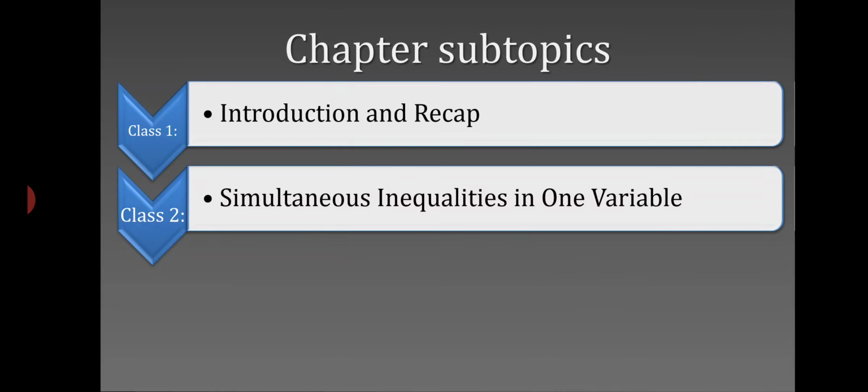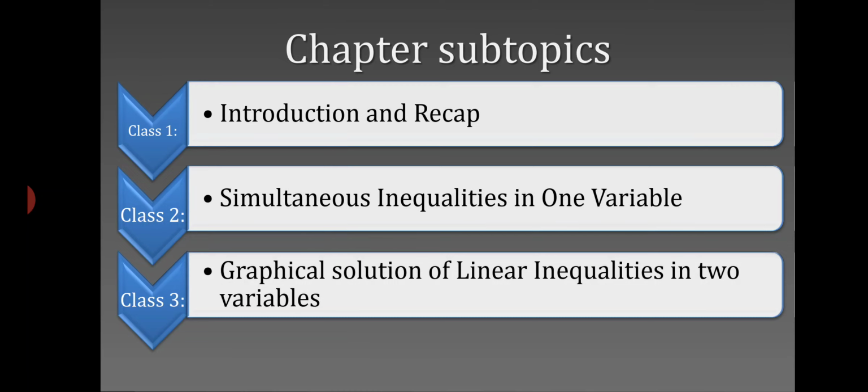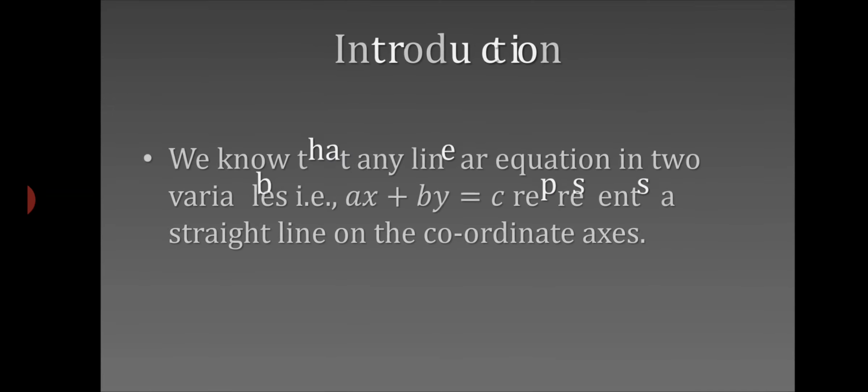Now in the third class we will be talking about graphical solution of linear inequalities involving two variables. Till now we have worked on one variable, now we will be working with two variables. So now let us see how it works.